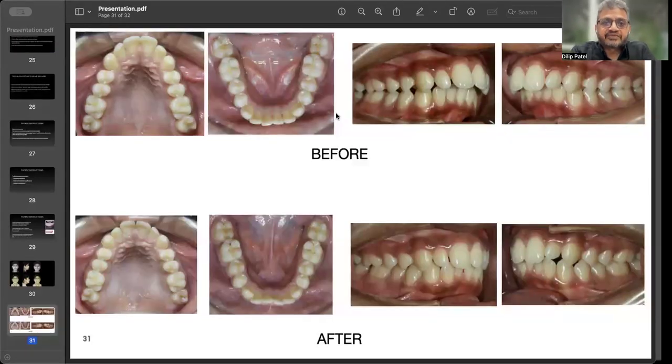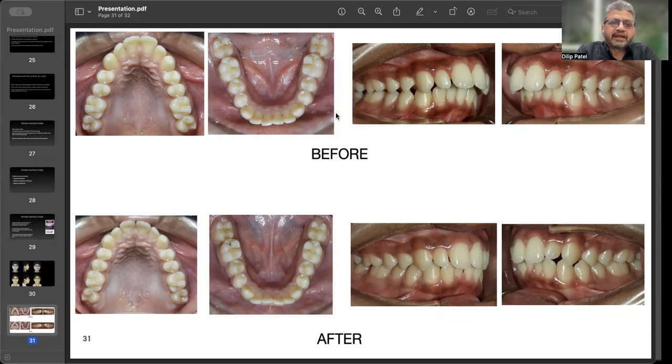These are the intraoral pictures before and after. There was mild imbrication in the lower as well as the upper teeth. Full class two division one malocclusion. The canine is also in class two.